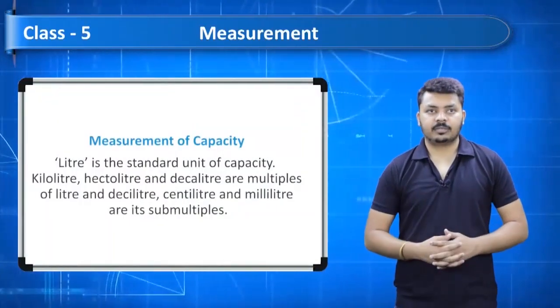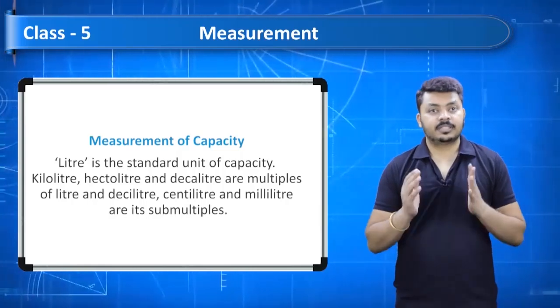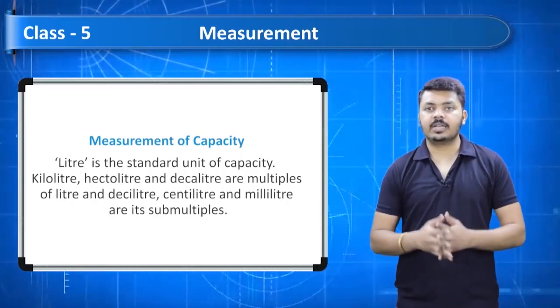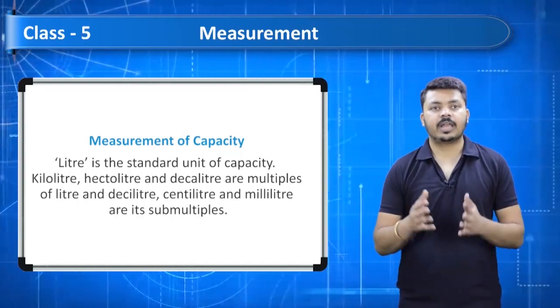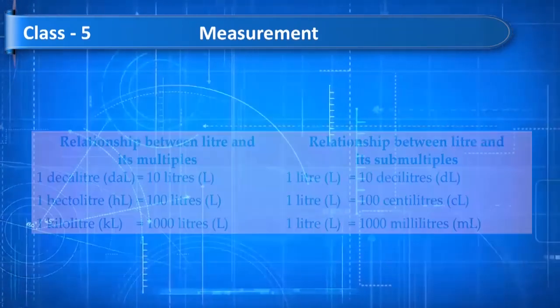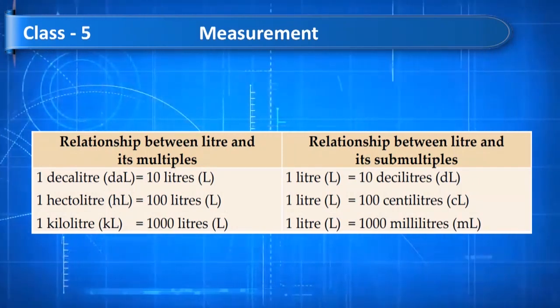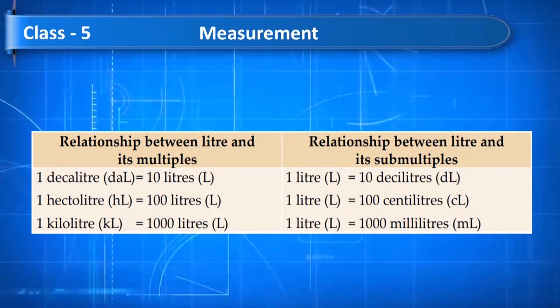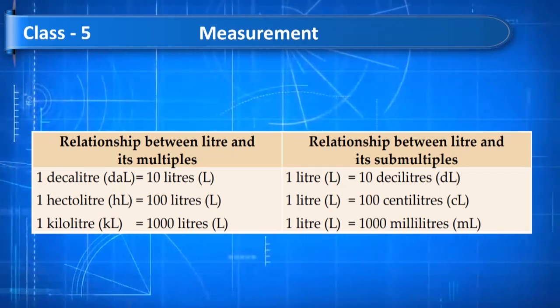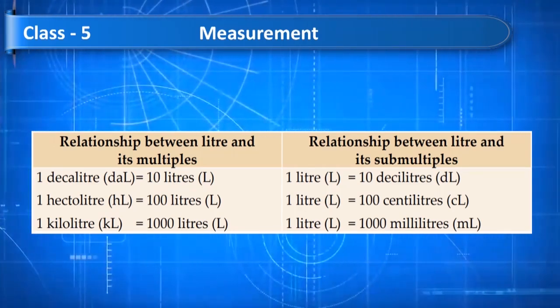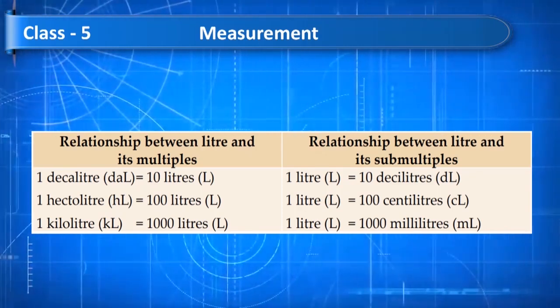Measurement of capacity. Liter is the standard unit of capacity. Kiloliter, hectoliter and decaliter are multiples of liter, and deciliter, centiliter and milliliter are its submultiples. Relationship between liter and its multiple. 1 decaliter is equal to 10 liters, 1 hectoliter is equal to 100 liters, 1 kiloliter is equal to 1000 liters.